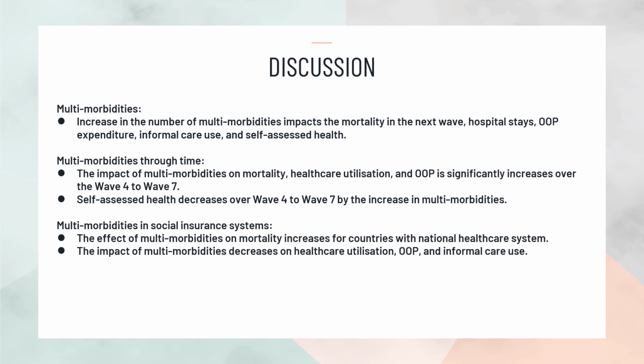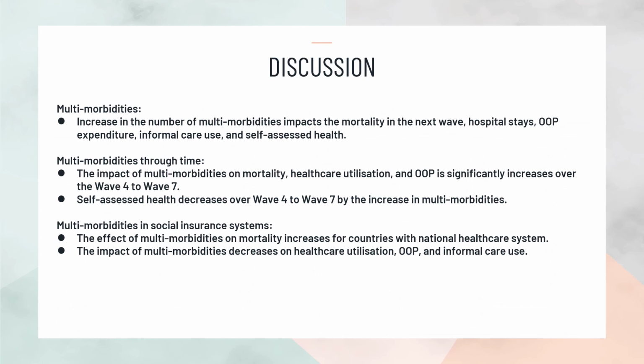In conclusion, we observed that the increase in the number of chronic conditions directly impacts various health-related outcomes. We also investigated the modification impact of time in the relationship between increasing chronic conditions and health outcomes.